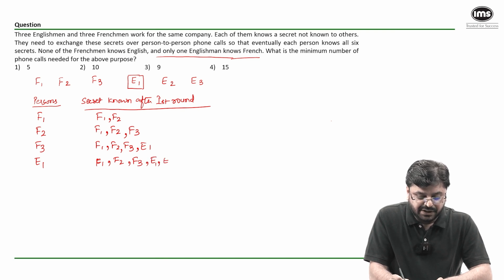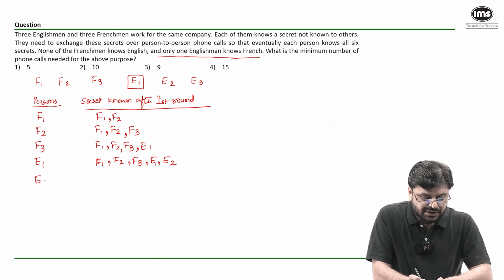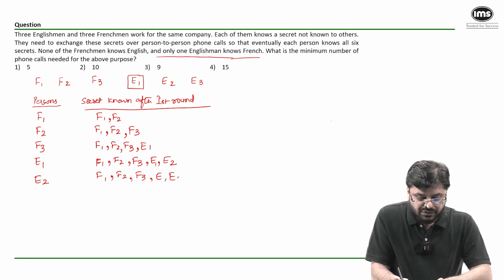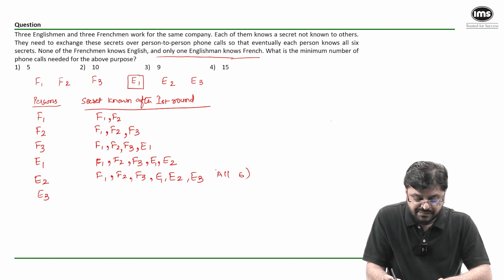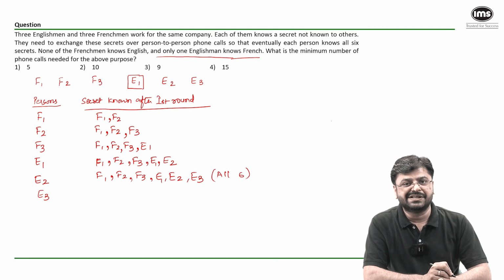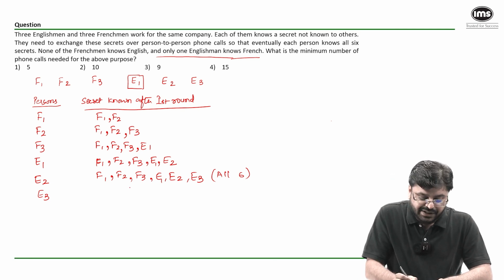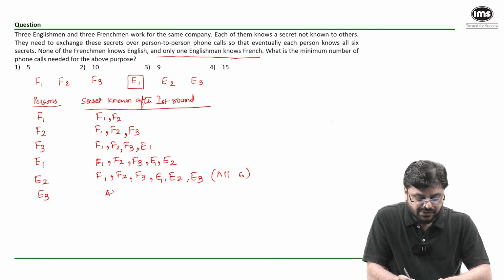When E1 calls E2, he will know the secret of E2 as well. Now, E2 will know the secrets of F1, F2, F3, E1 and E2 through E1, and when he calls E3, he'll know the secret of E3 as well. So basically, he'll know all 6 secrets during this call. And E2 and E3 will both know all 6.